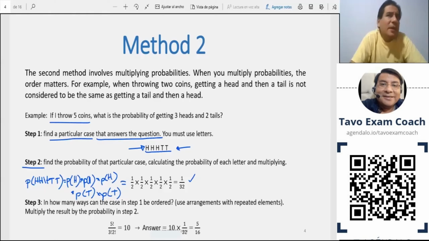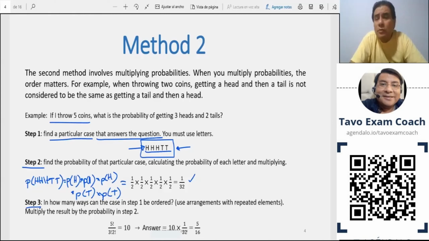But how many different cases do we have here? And what is the probability of each of the cases? We can foresee that the probability of any other case where the 3 letters H and the 2 letters T are in any order possible will always be 1/32. But what we need to know is how many of these cases exist.